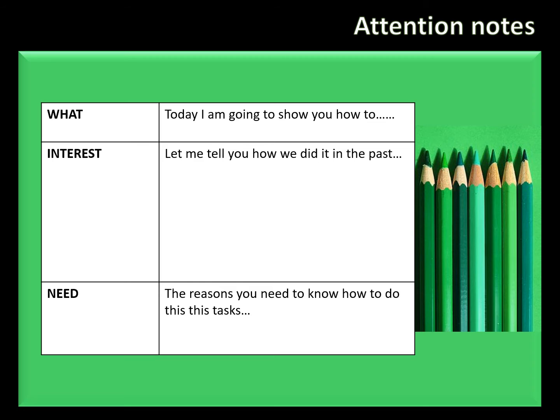Today I'm going to show you how to complete the what by following the guidelines that we gave you earlier. Interest. Let me tell you how we did it in the past. Complete the sentence or use whatever interest you will be adding. And then the need. The reasons you need to know how to do these tasks are.